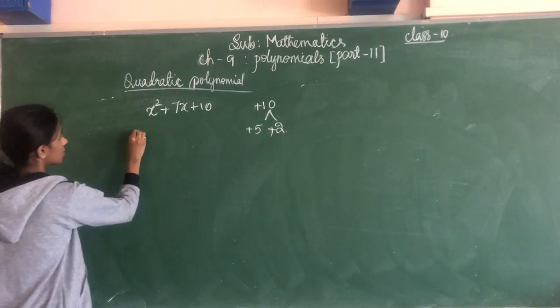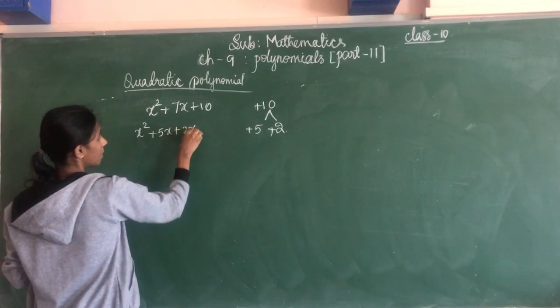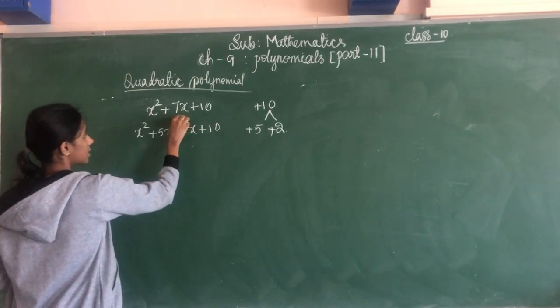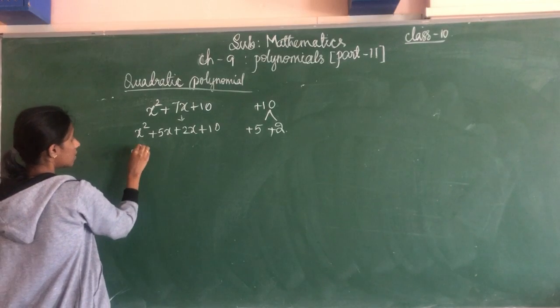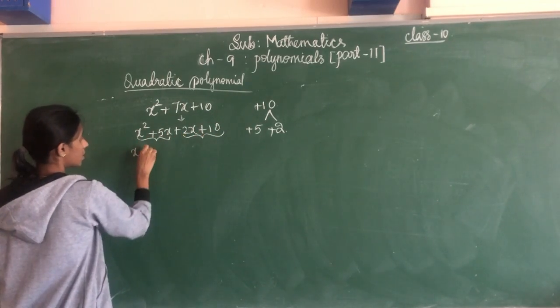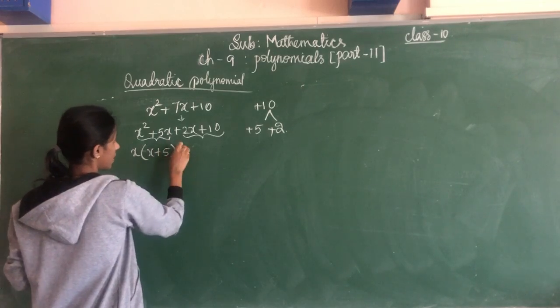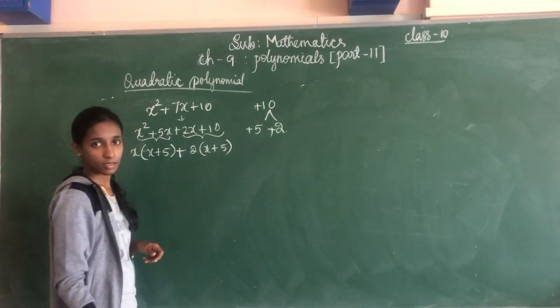So x square plus 5x plus 2x plus 10, the middle term written as 5 plus 2. If I take x, what is the common? X is the common term, so it is x plus 5. Here if I take 2 as common, x plus 5.